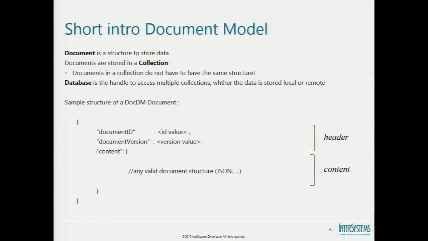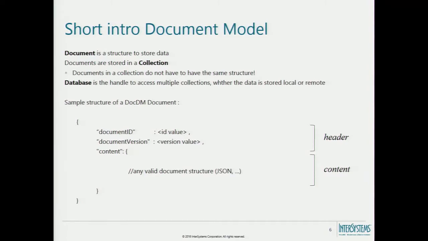It could be XML or whatever. Right now, it's JSON. If you have multiple documents, you will store them in one collection. It's like in SQL, it would be a table. Here, it's called a collection. And collections need to be saved in the database. So a database is just a handle for a lot of collections.